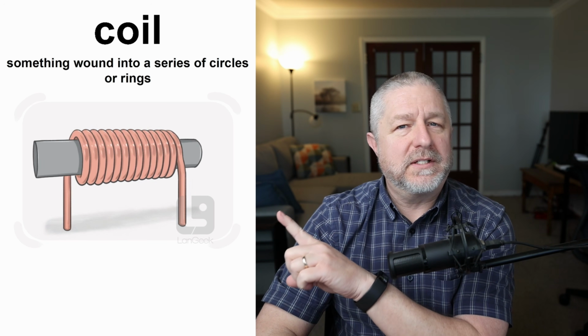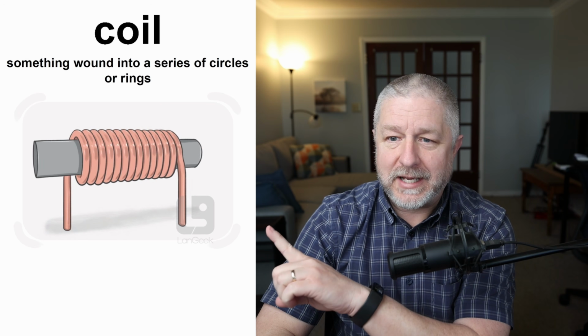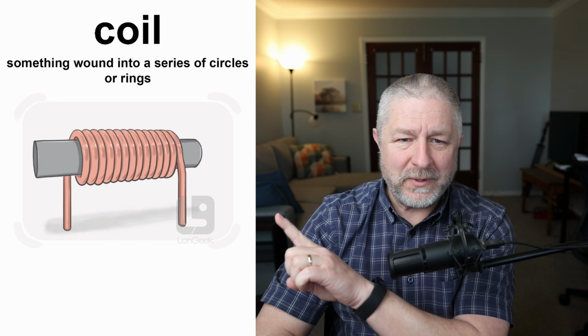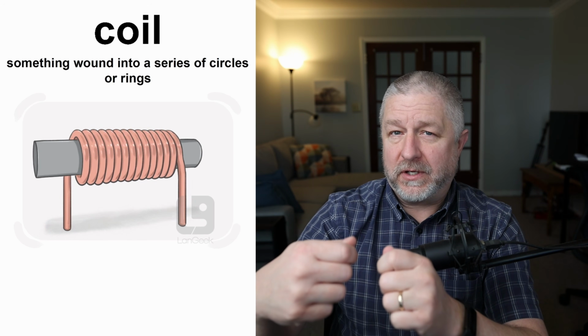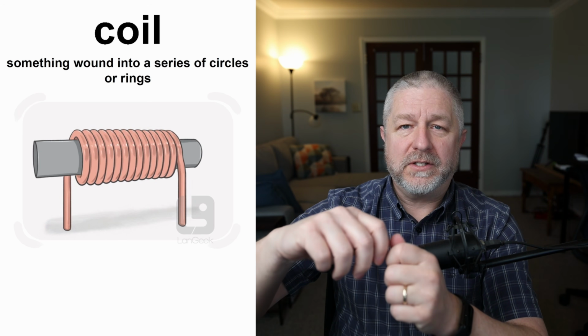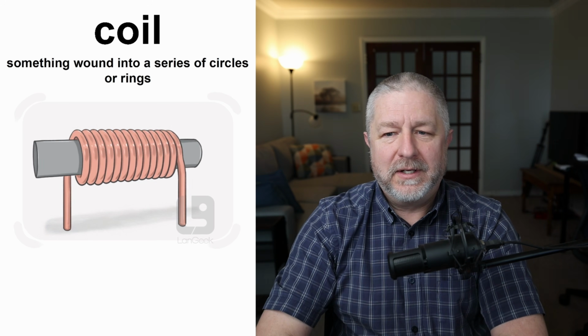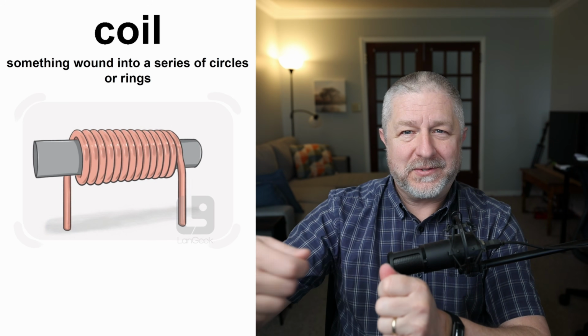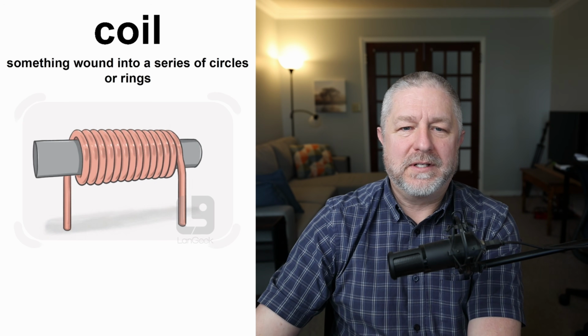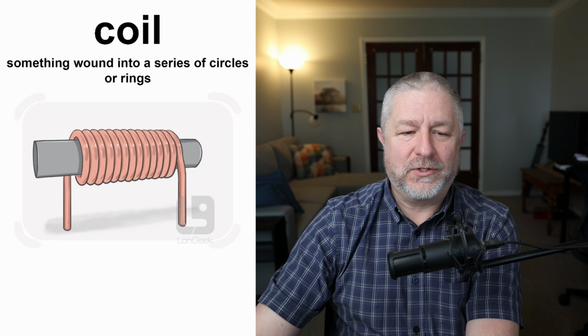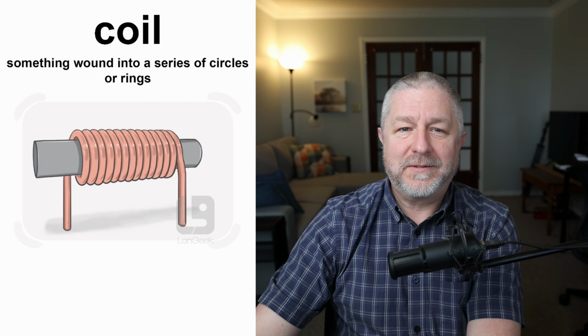A coil doesn't necessarily do that. I'm getting very technical, I'm sorry, but this is a coil. This is actually copper wire, and you can use the verb as well. The copper wire is coiled around, or you can coil the copper wire around something like this. So coil, something wound into a series of circles or rings.